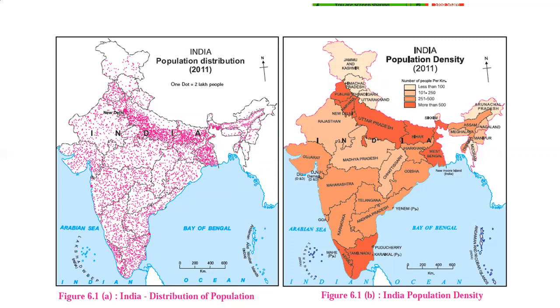Look at figure 6.1b on page number 38 of your textbooks. This map gives us information on the density of population in India.